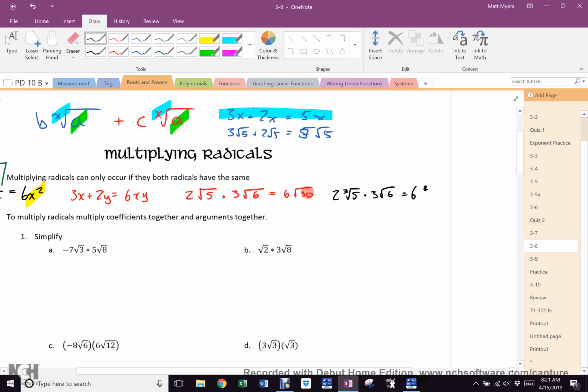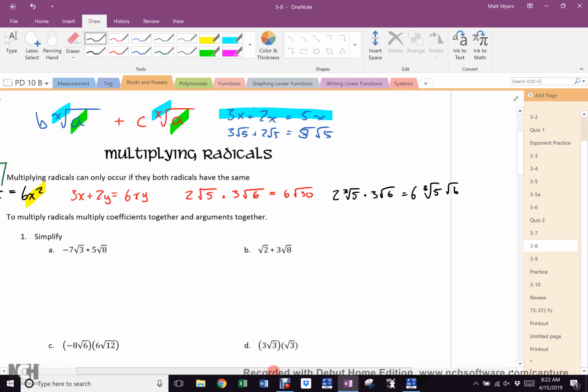No. What did we have to do with them when it was different variables? We had to list them, right? Yeah. So what are we going to do here? Cube root 5. Cube root 5. Square root 6. Everybody cool? If they're not the same index, we're stuck. Everybody understand? If they are the same index, they just multiply. Like here. Easy peasy, right?